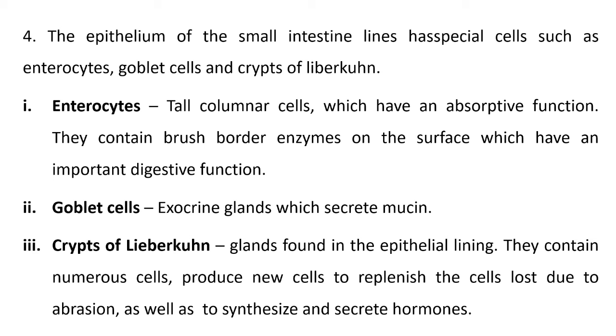These are a special type of gland which we observe in the small intestine. These glands produce new cells which replenish the cells lost due to abrasion, and they secrete certain enzymes and hormones which help in the process of digestion.